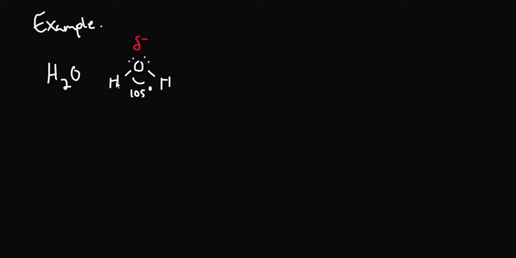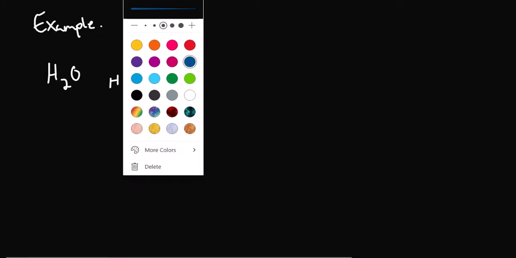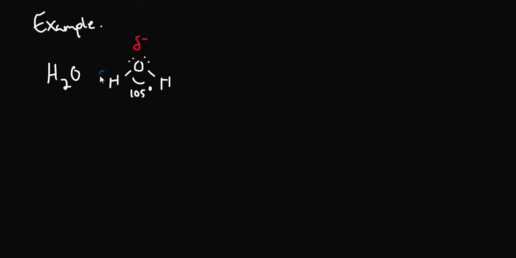This oxygen-hydrogen bond is going to be polar. So oxygen, highly electronegative, that means the hydrogen is going to be slightly positive, because all that electron density is getting pulled toward that oxygen atom. And then we can draw in our dipole, which is that arrow that points toward the electronegative atom.